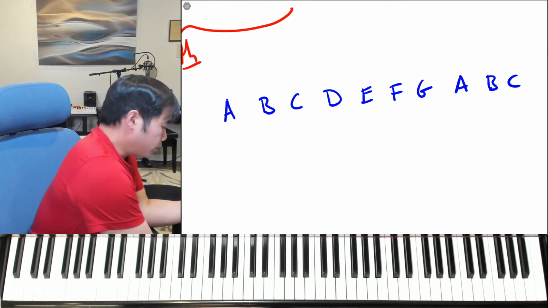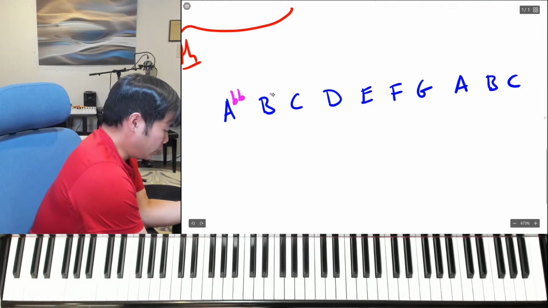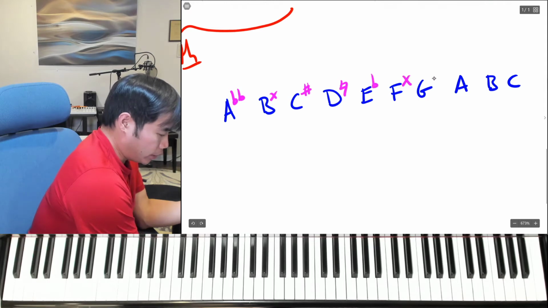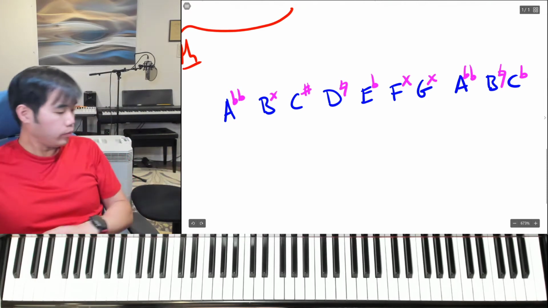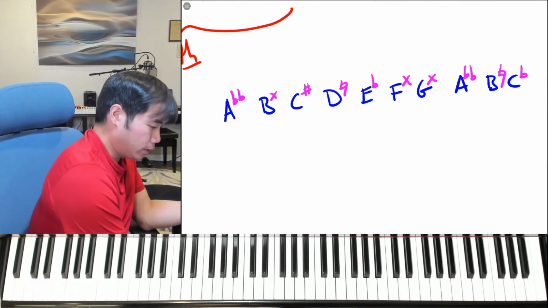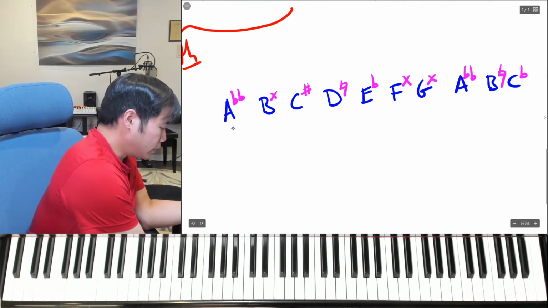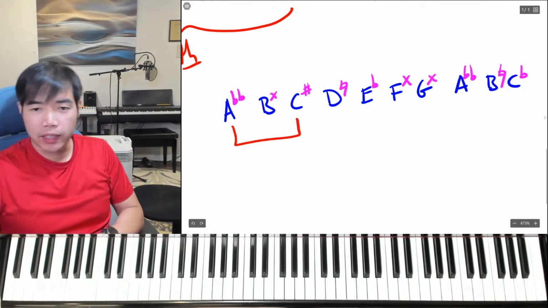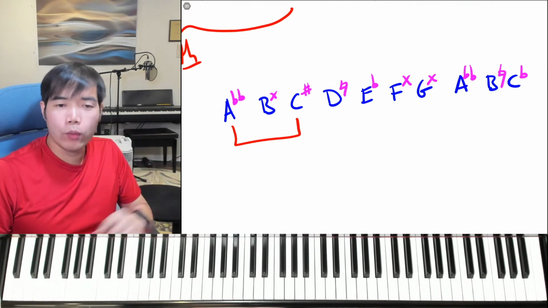It doesn't matter what accidentals exist here. I could just make up any kind of accidentals here. It does not matter what these are. They're irrelevant. The only thing that matters are the letters, the spelling. A to C is always a third.